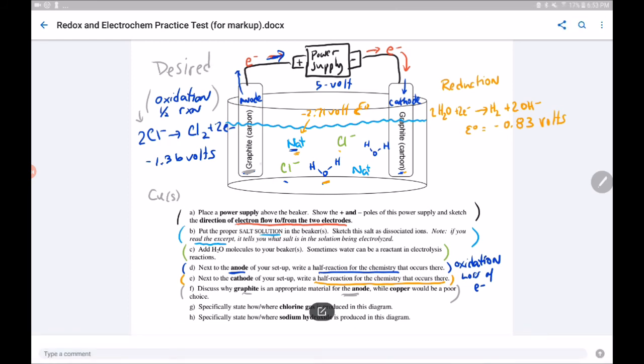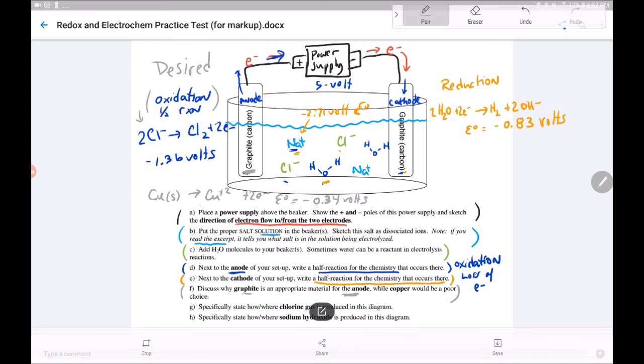If you used copper as the electrode, copper could be oxidized instead. And the potential for the oxidation of copper is negative, but it's a lot easier to oxidize copper than it is to oxidize chloride ion.